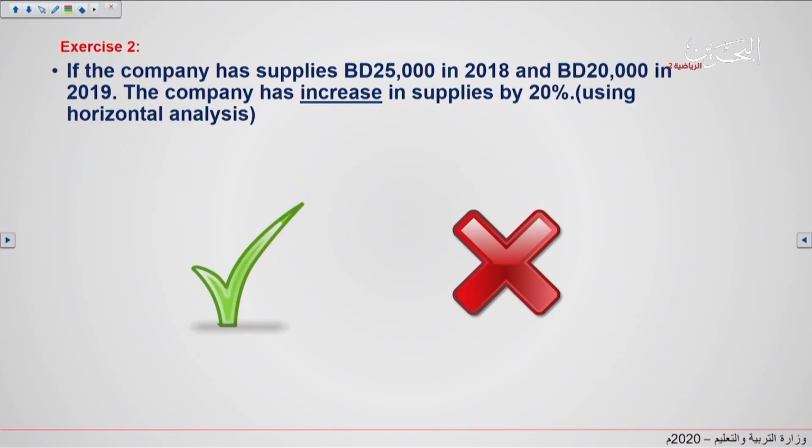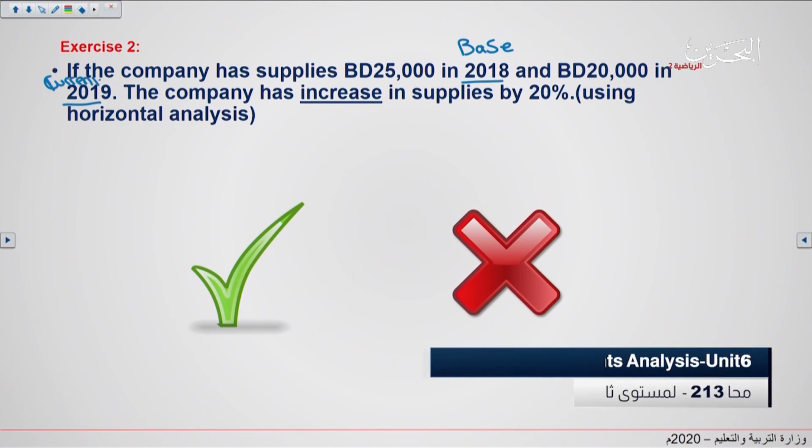Let's move to the second exercise. The company has supplies of 25,000 in 2018 and 20,000 in 2019. So 2018 is the base amount, and 2019 is the current year amount, which is 20,000.